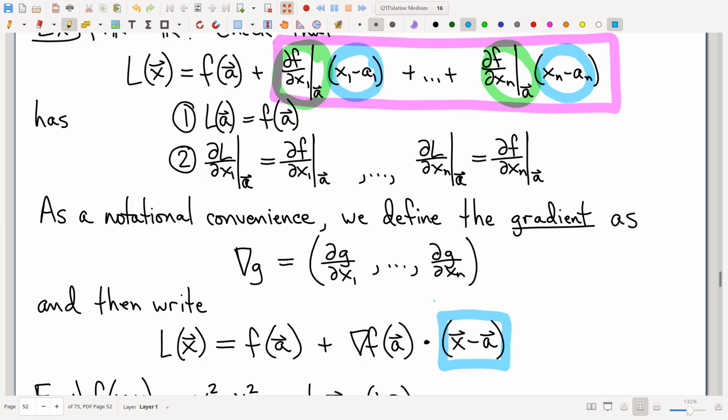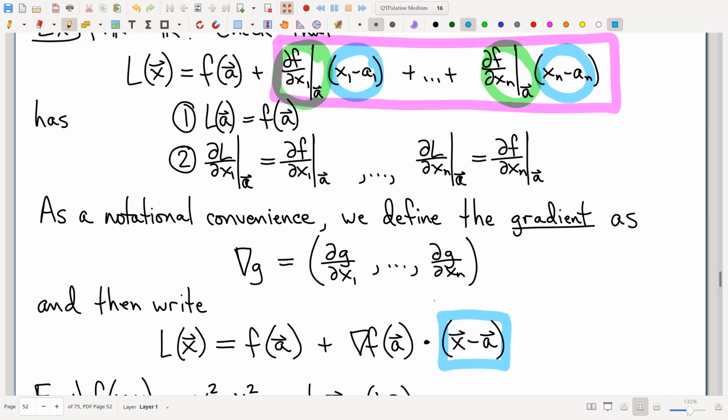Having made that observation, now I see that I have a sum of products. Where have I heard that phrase before? Sum of products. Oh my gosh, that sounds like a dot product, doesn't it? I have a sum of products, and furthermore, if I were going to view this as a dot product, I would sort of have to view what I have in blue here as being a vector.